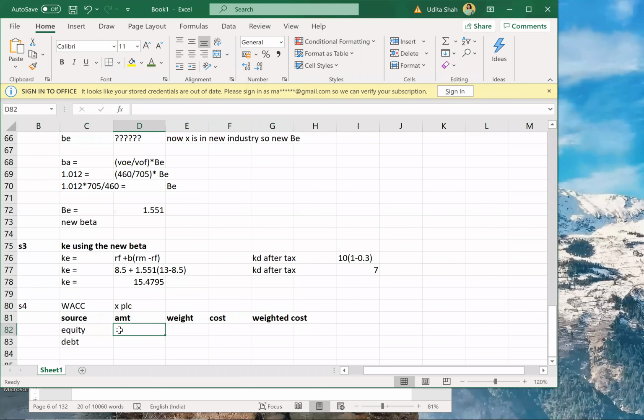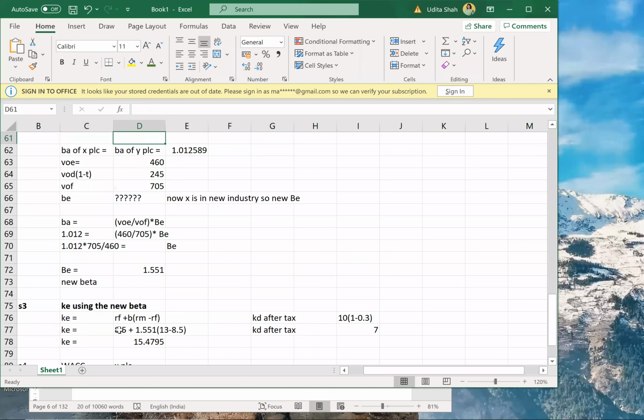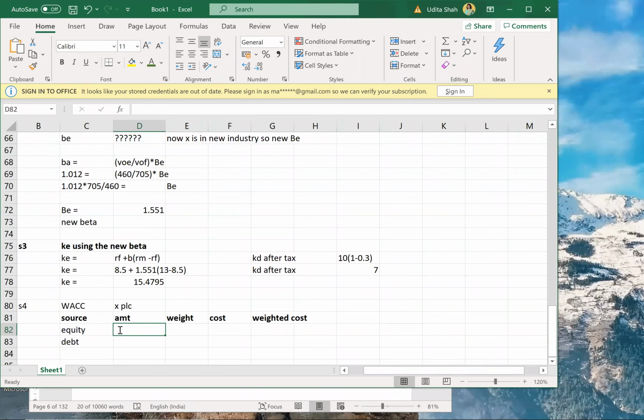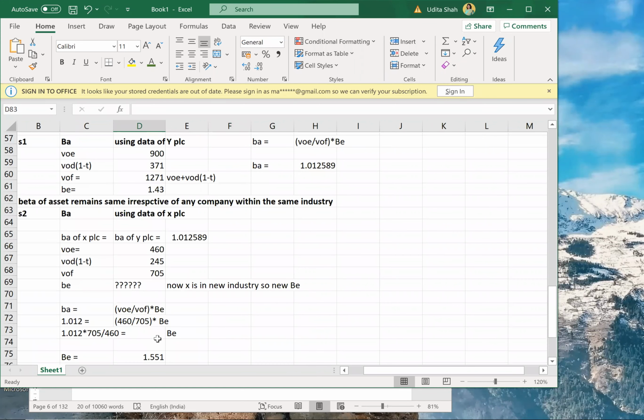So equity, what was the value of equity? Value of equity for XPLC was how much? 460. So this is 460, correct? What is the cost of equity? We calculated cost of equity, K equal to 15.47. Debt cost was 7%. And what is the amount of debt? Don't take amount of debt net of tax.